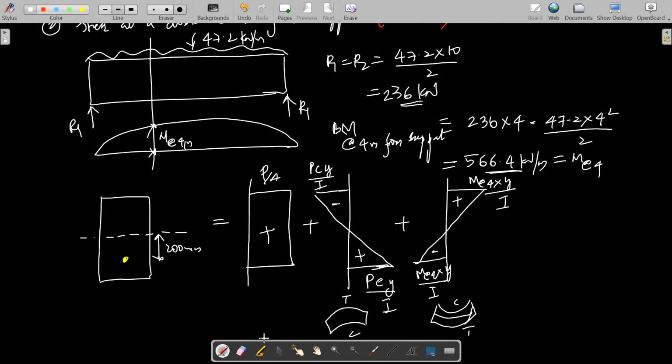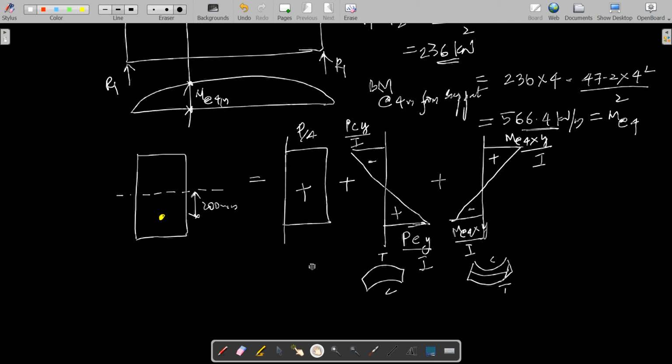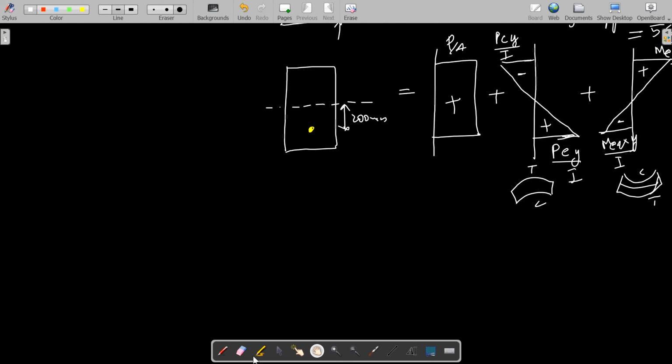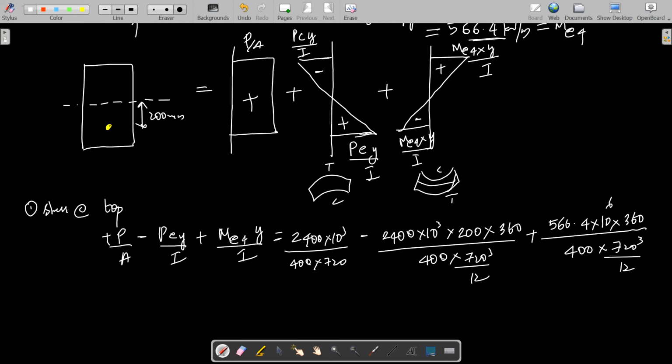Once you do the calculation, you will get the stress at top. So the direct stress value is same as before, that is 8.33. Now this you will get as same as before, that is 13.88. The only change is due to this load, that is the moment due to the dead load varies because the section is different.